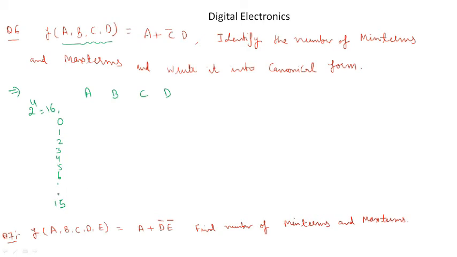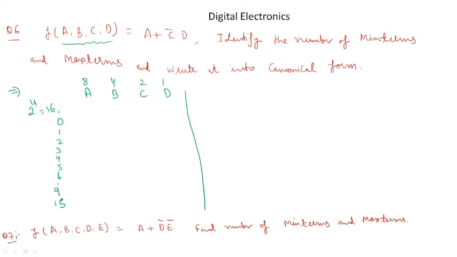Now we have to write the binary number for these given decimal numbers. Suppose I select 9. I will write a binary number for the decimal number 9 in terms of the variables A, B, C and D. How can I write it? You can say that it is the 8 column, the 4 column, the 2 column, and the 1 column.